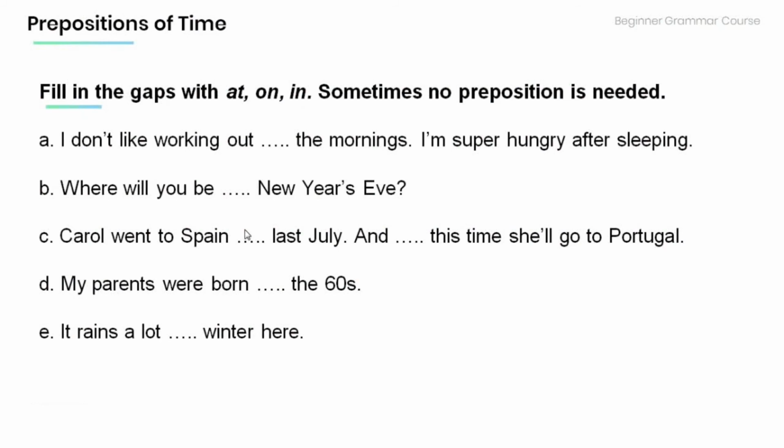Now, time for you to practice on your own. Read the following sentences and fill in the gaps with at, on, or in. Sometimes no preposition is needed. A. I don't like working out the mornings. I'm super hungry after sleeping.